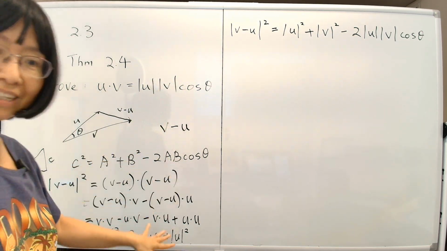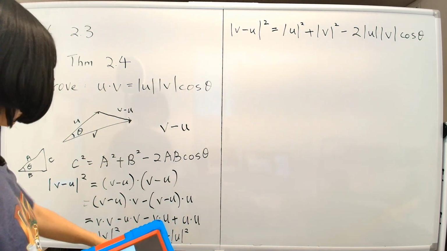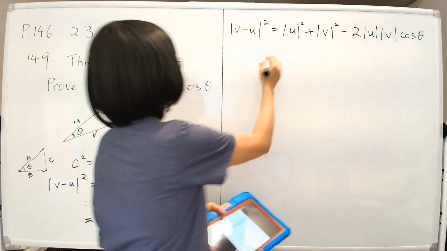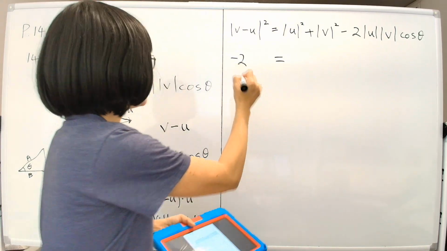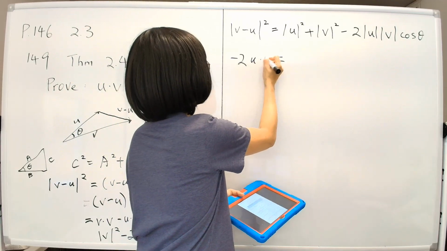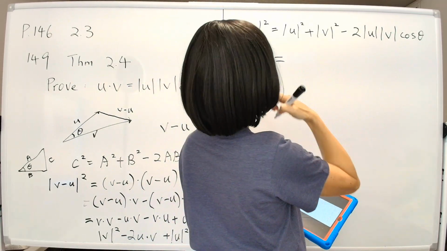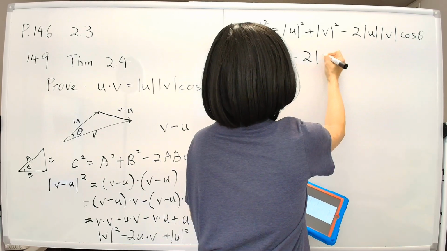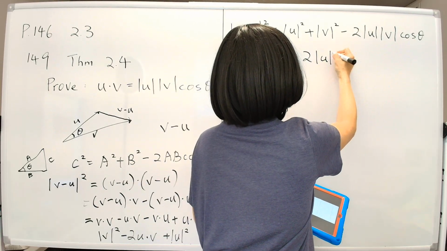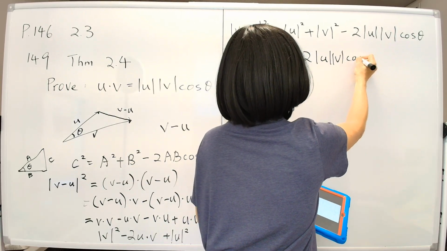So we're going to get rid of that, and keep only this. On this side, the only thing we have left is minus 2u dot v. And on that side, we have minus 2uv cosine theta.